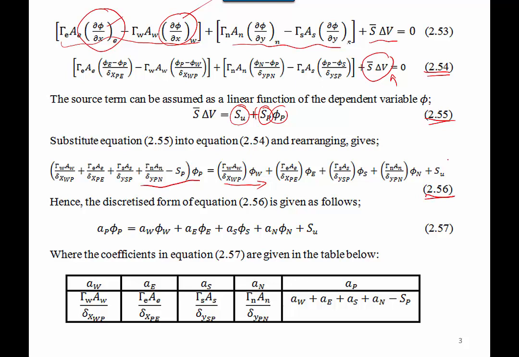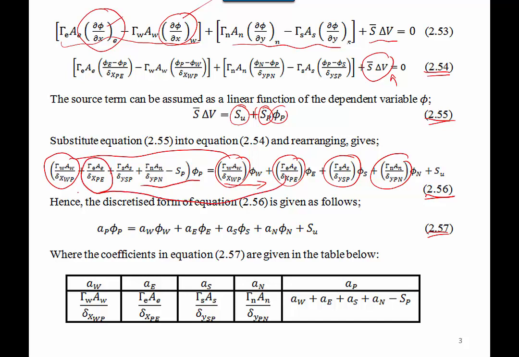Rewriting this equation in the general discretization form, it will give us equation 2.57. By examining this equation, we will find that aW is the parameter multiplied by phi W, and this is aE, this is aS, and this is aN. This aW is the same as this one, and this aE is the same as this one, and the same goes for the other two, aS and aN.